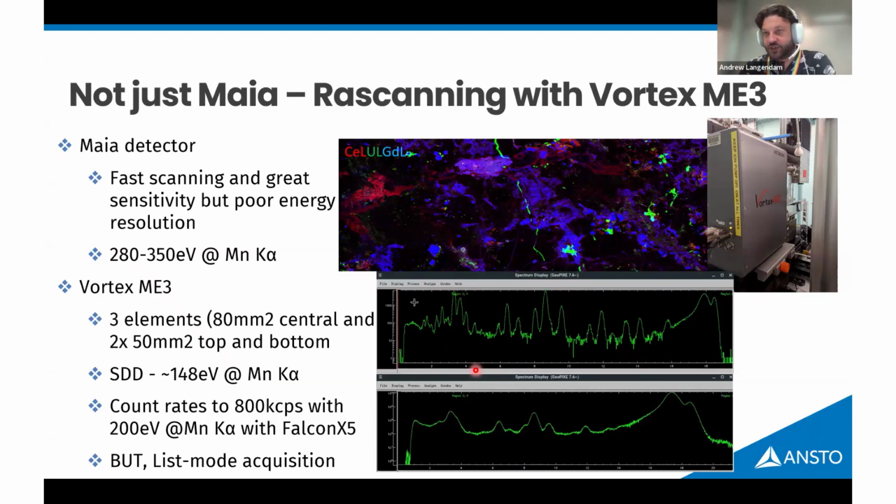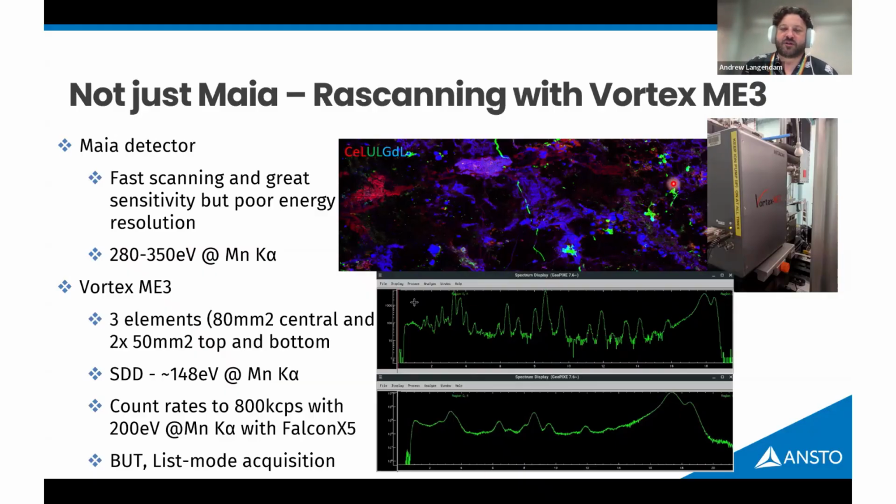So where with the Maya you might miss some of these emissions when you have a lot of emissions from rare earth elements, when you have a lot of transition metals in your sample, the Vortex can normally separate those peaks out. As an example here, this is a rare earth element map with uranium as well.